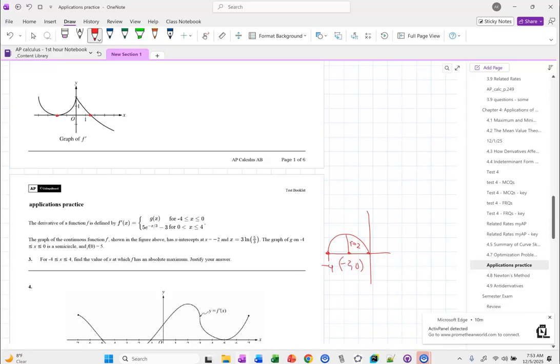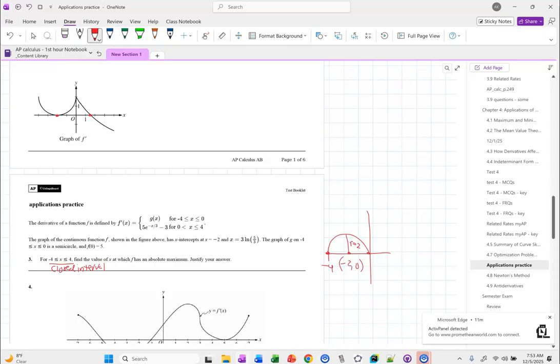Okay. It says for negative 4 to 4, find the value of x at which f has an absolute maximum. Justify your answer. So the first thing I'm going to note is that this is a closed interval. We're asked to find the absolute maximum or minimum over it.